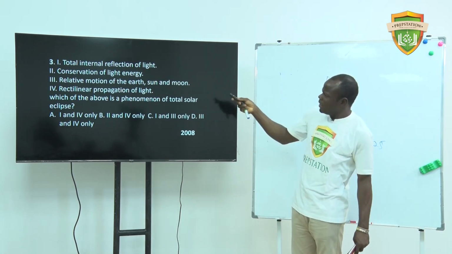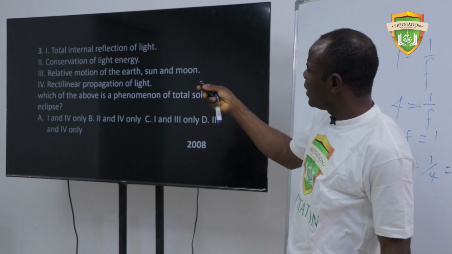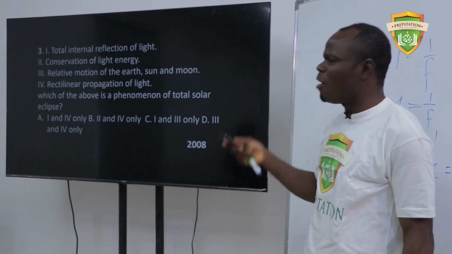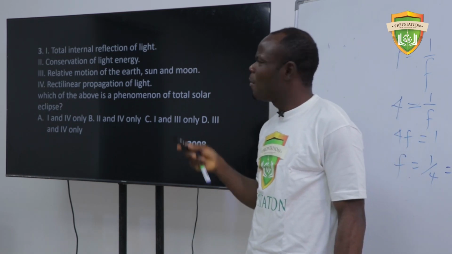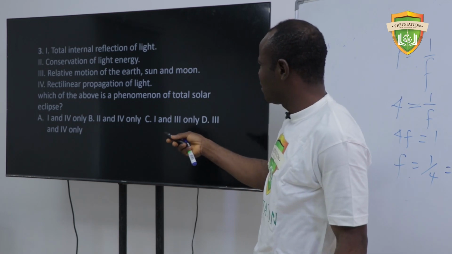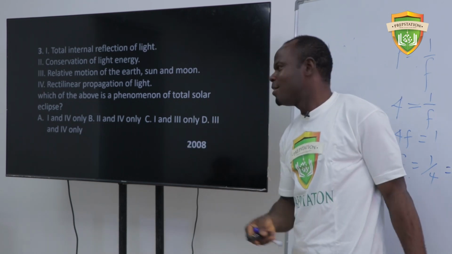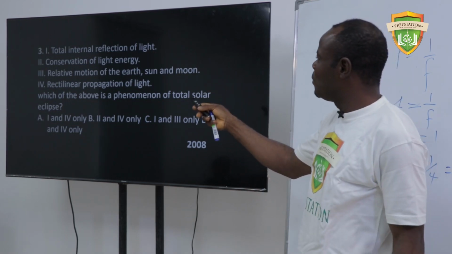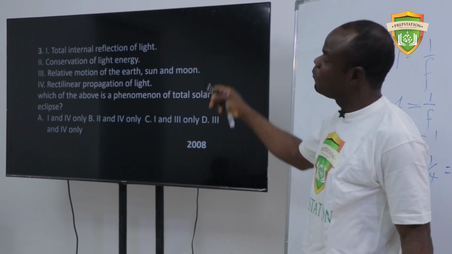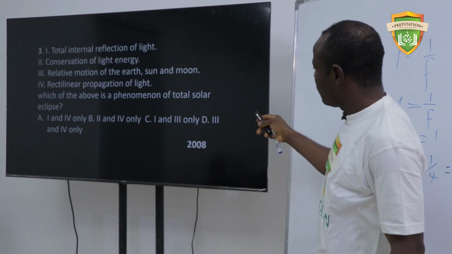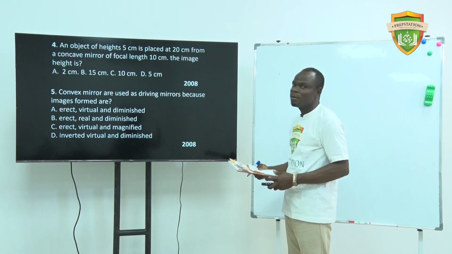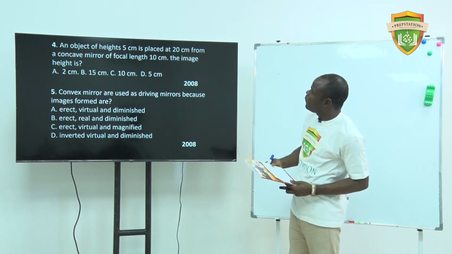No. That means point 1, point 2 is off. The correct answer will be what? 3 and 4. Let's check the option. 3 and 4, where are you? D is the correct answer. So that tells you that for you to have total solar eclipse from the points given above, D is the correct answer.